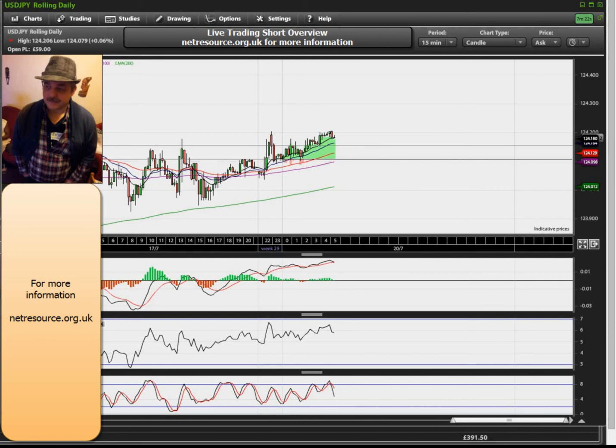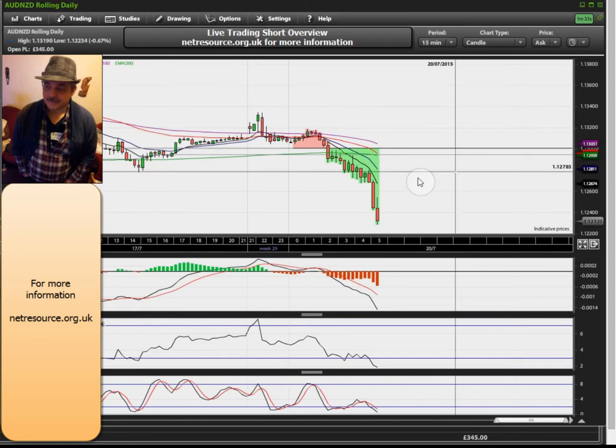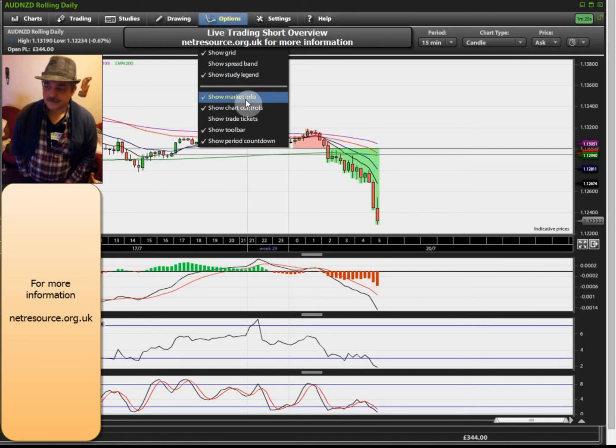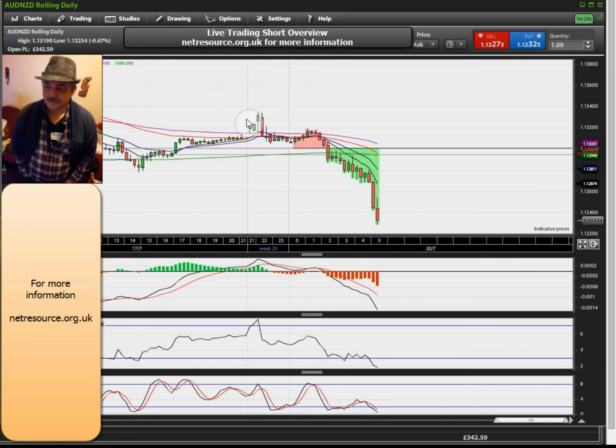Well, not exactly the same, but what I'm seeing here is what's going on in the marketplace right now, and it's as good as live access in terms of understanding the consensus of those people who are trading. And what we do when we're trading is we look to jump on the back of the big market traders.